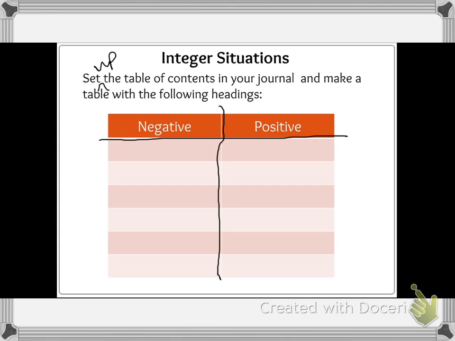And in order to do that, you have to know whether those parts of the problem are representing a positive integer or a negative integer. What I've discovered through the years is that sometimes kids don't know some of the vocabulary. So we're going to go through the vocabulary. Words are going to come up on the screen, and I'm going to let you know if it's positive or negative, and you're going to add it to your T-chart.